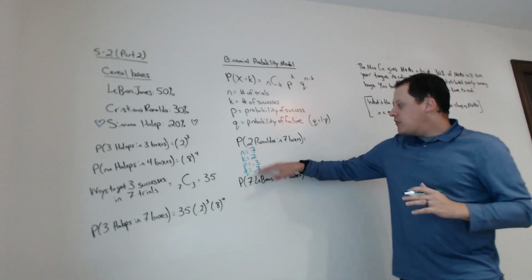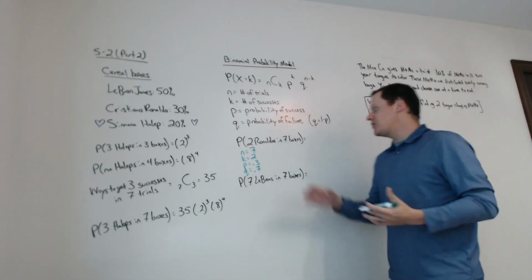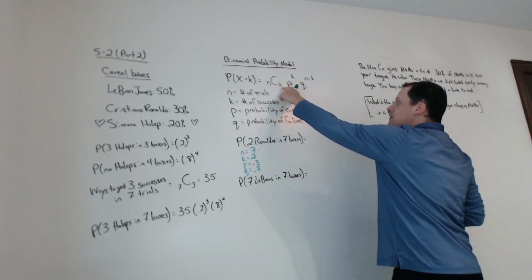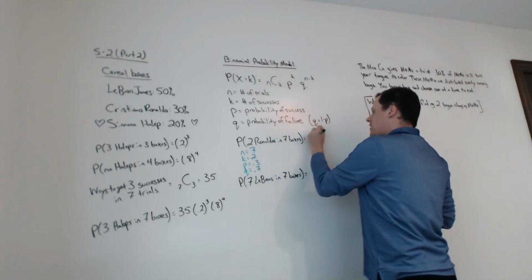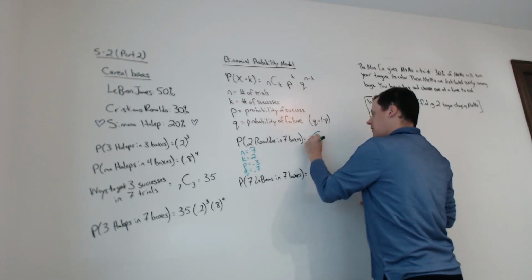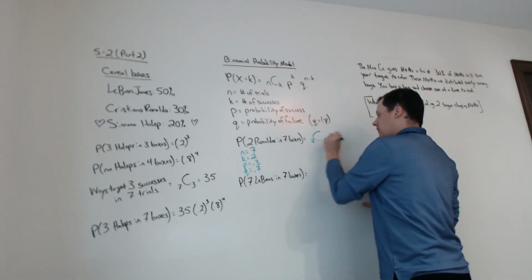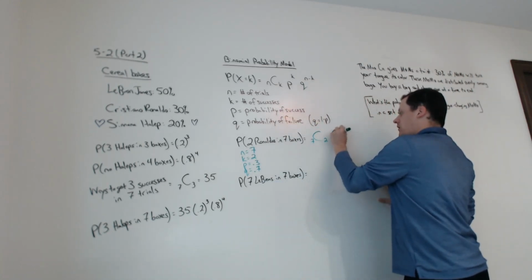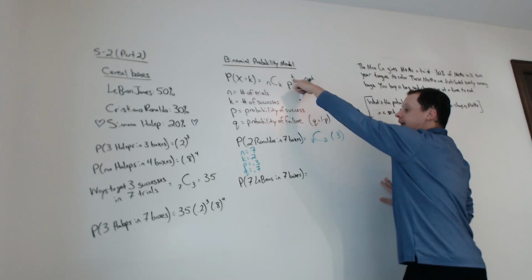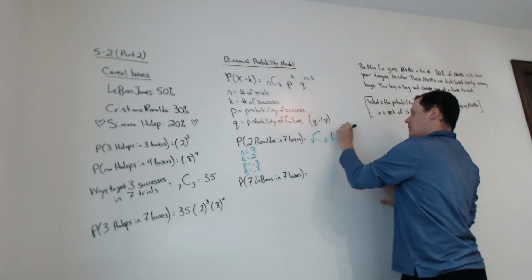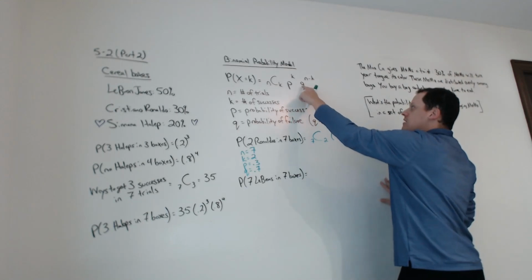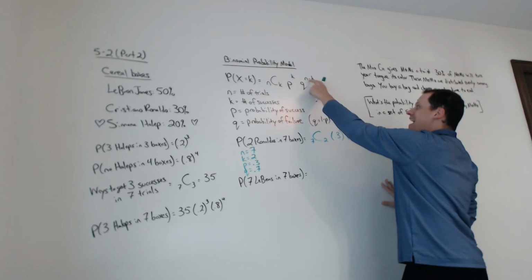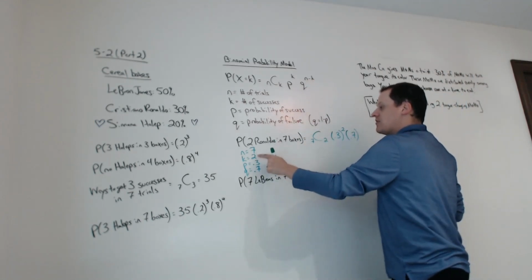Okay, now that we know what all the variables are equal to, now we can fill out the formula here. So, n choose k, so that's going to be, n is 7, k is 2. Probability of success is 0.3 to the kth power, that's 2 this time, times q, which is 0.7, raised to the n minus k power, that's going to be 7 minus 2.